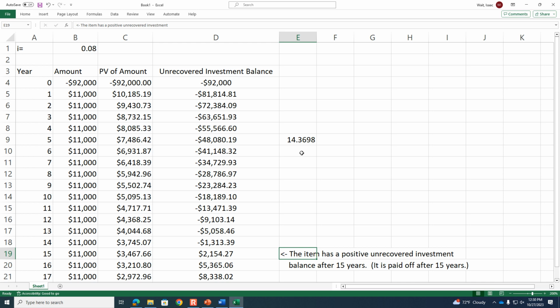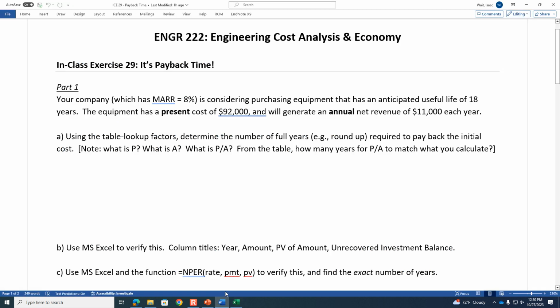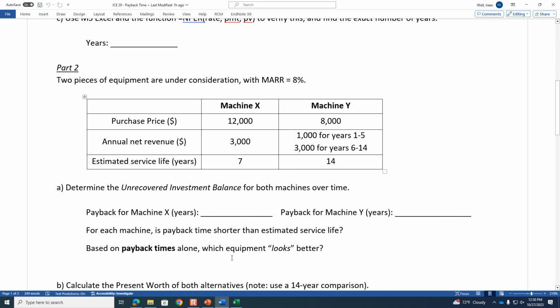Okay, the only thing I want to say about part two before you work on it independently is that machine X, you can see, has a useful life of 7 years. Machine Y has a useful life of 14. So what we would need to do is repeat machine X 2 times to have it cover the same study period.